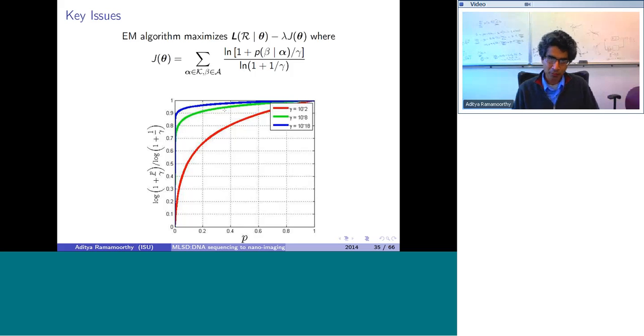What this means is that if you are going to make a transition probability non-zero, you are going to be taking a hit of negative lambda in this objective function. So you better have very good evidence that it contributes to the likelihood of the reads.